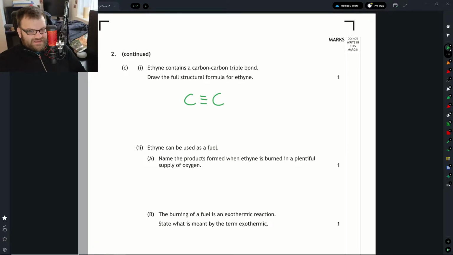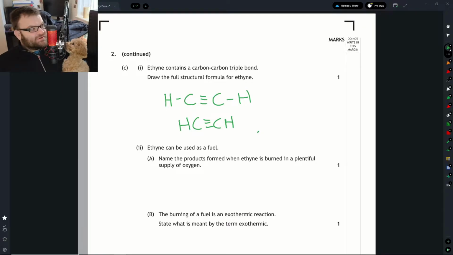Carbon is in group 4, so it's going to make 4 bonds. It's currently making 3. So we would put on a hydrogen on each of them. When it says full structure, you need to draw out all the bonds. You would not pick up the mark if you just wrote it like that. We want to show all the bonds.